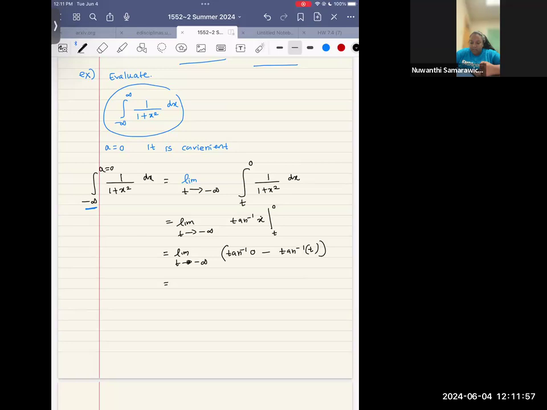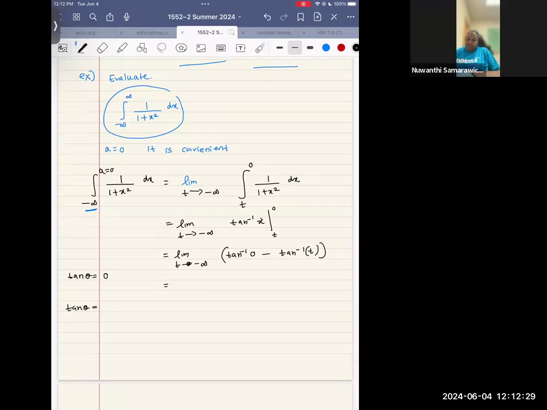What is the answer for this? I hope tangent theta is equal to some kind of value. Here it is tangent 0, and tangent theta is negative infinity.